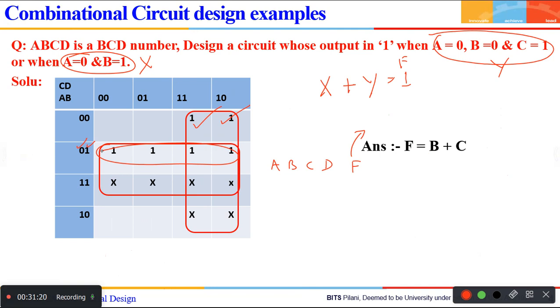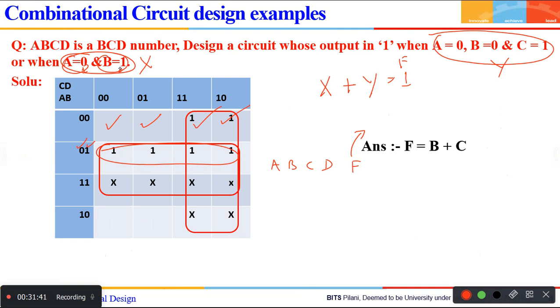We have A equal to 0, B equal to 1. We are not given A equal to 1, B equal to 0 here. So in those empty spaces, should we put 0 or X?